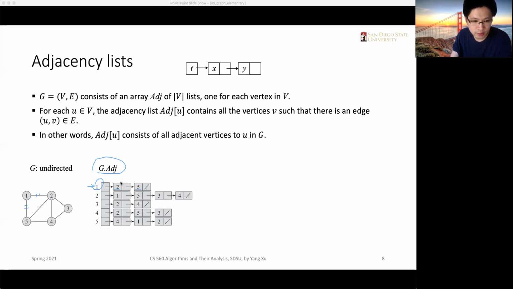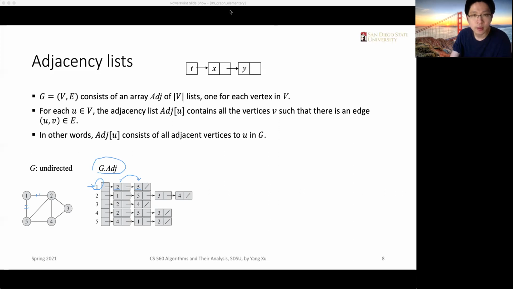And actually the order, whether 2 or 5 comes before, is not fixed, unless you have specified some rules to define the order. In this case, it doesn't make a huge difference if you put 5 before 2.